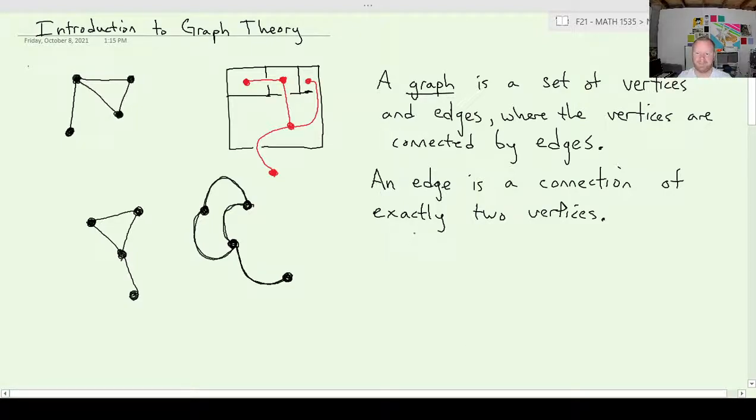Okay, so in this example here, I can label this vertex as vertex 1, vertex 2, vertex 3, and vertex 4. And I can label these edges E1, E2, E3, and E4.